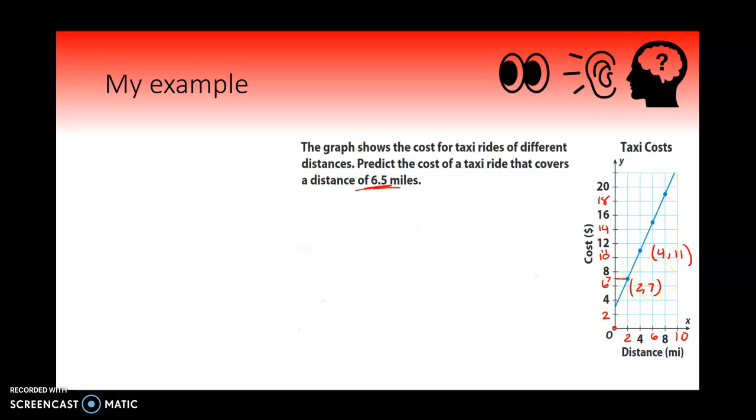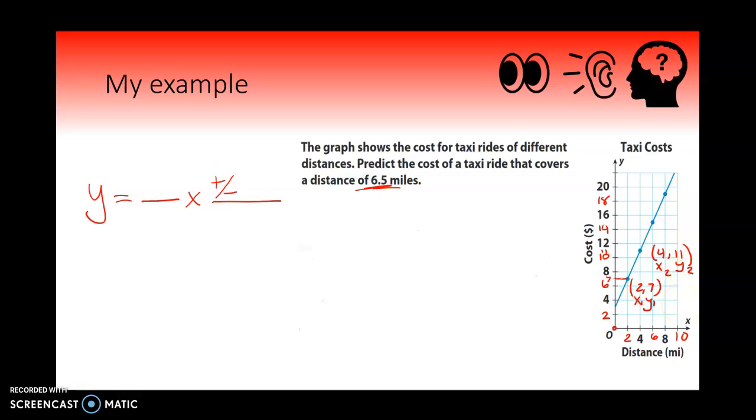So now we can do y2 minus y1 over x2 minus x1. Remember, we're filling out our equation, y equals something x plus or minus something. So this is x, this is y, this is x, this is y. These come first, these come second.